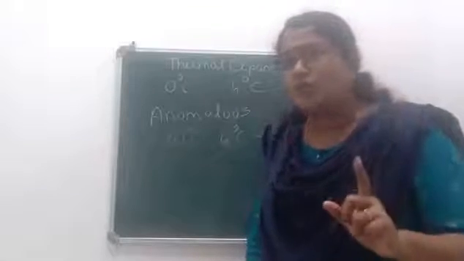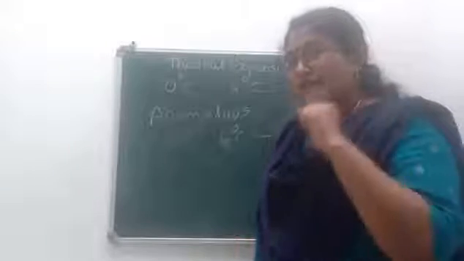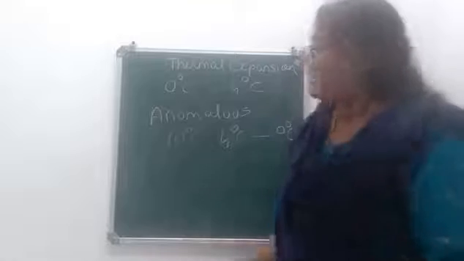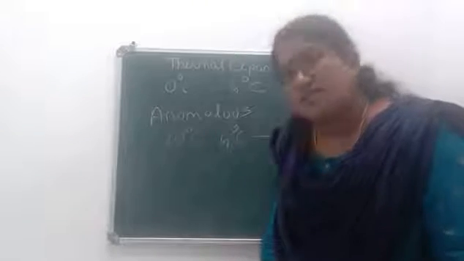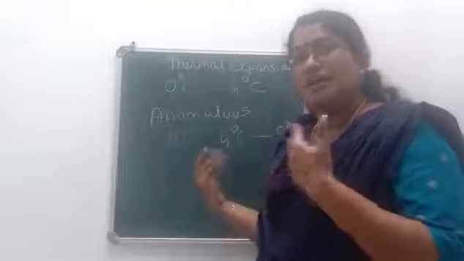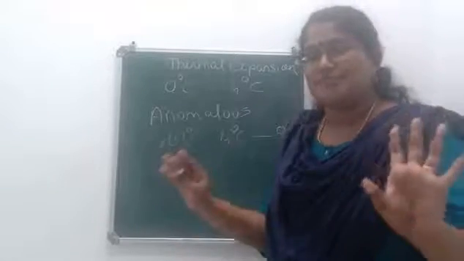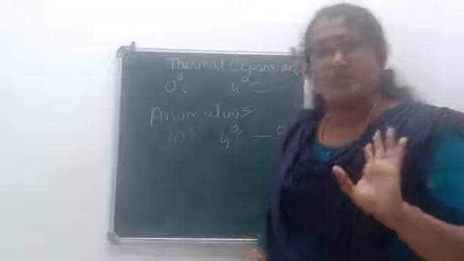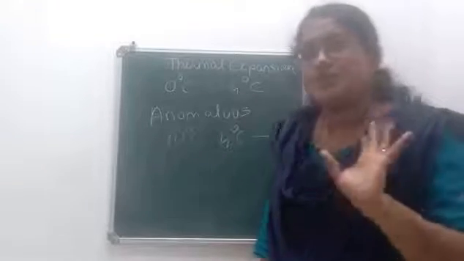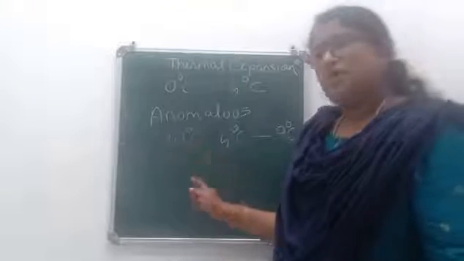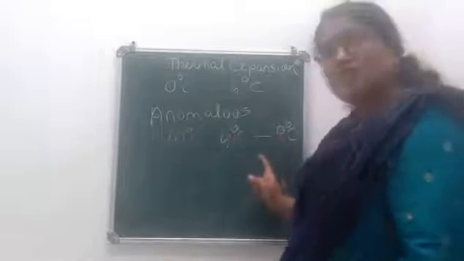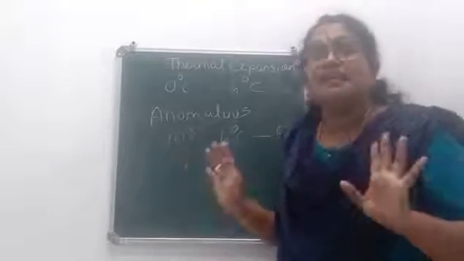When you are cooling water from 4 degrees Celsius, actually it should contract, but it expands till 0 degrees Celsius. Then after 0 degrees Celsius, again it will go to the original path, that is, substances expand on heating and contract on cooling. Clear? And at 0 degrees, what happens? Water gets converted to ice. So when water is cooled from 4 degrees Celsius to 0 degrees Celsius, it will expand.